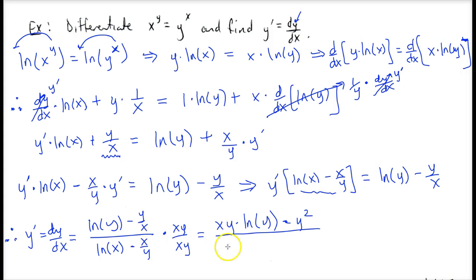And similarly, in the denominator, I will have xy times natural log of x. And here I have the y's that are in common in numerator and denominator, so they reduce to 1, and I just have x squared remaining. And so this is my final answer. Depending upon your instructor, this form may be also acceptable as well.